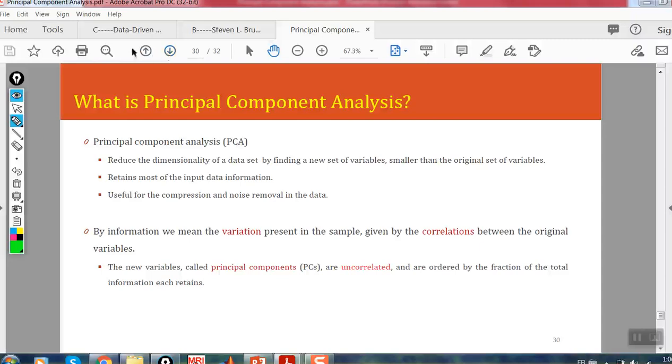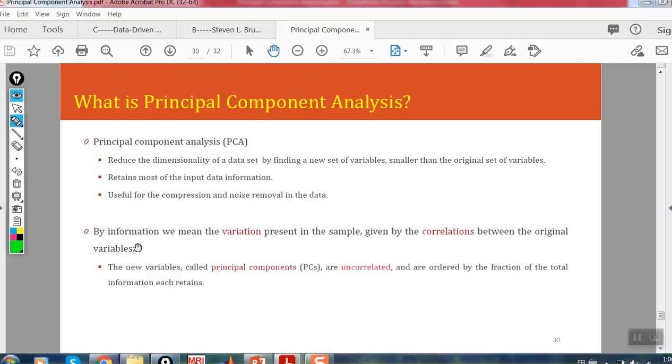then by PCA we can reduce the dimensionality of data and retain most of the input data information, and it is useful for compression and noise removal in data.